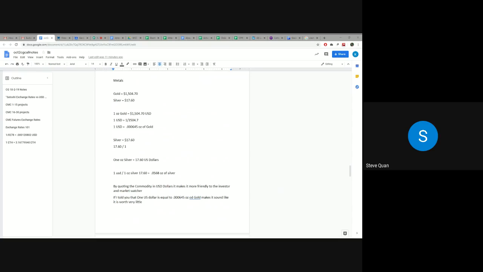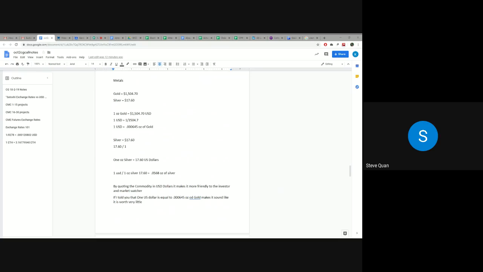So when one says, oh, this cryptocurrency is 10 Satoshi, that's a pretty low price. Well, what does that actually mean? 10 Satoshi is 1 divided by 0.0000001, which is 10 million. So for that little 10 Satoshi instrument, do you have 10 million of them? Because then you can trade for 1 Bitcoin.